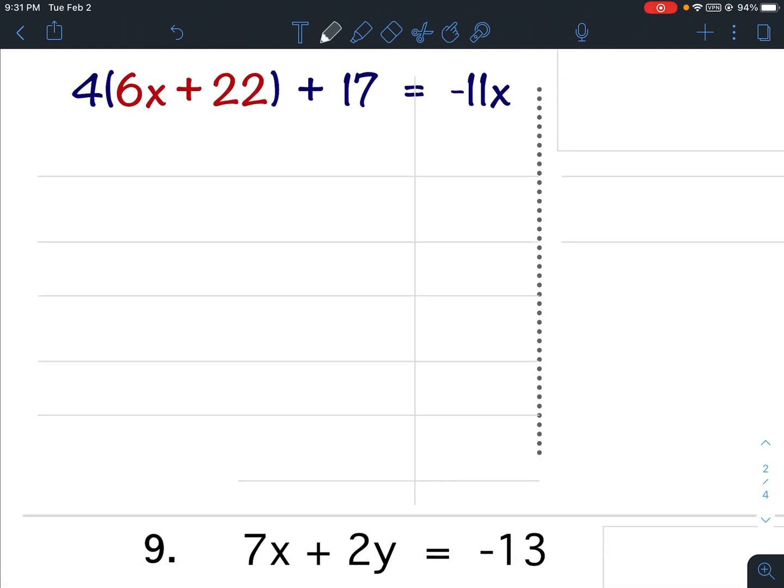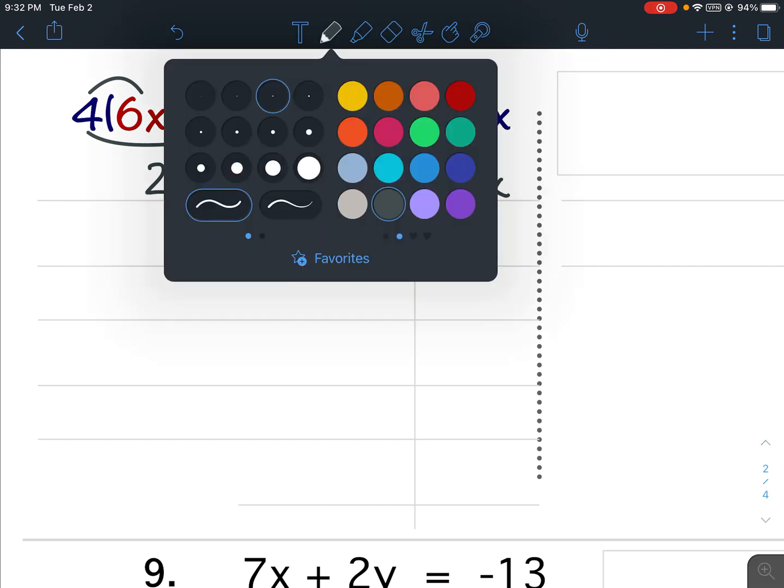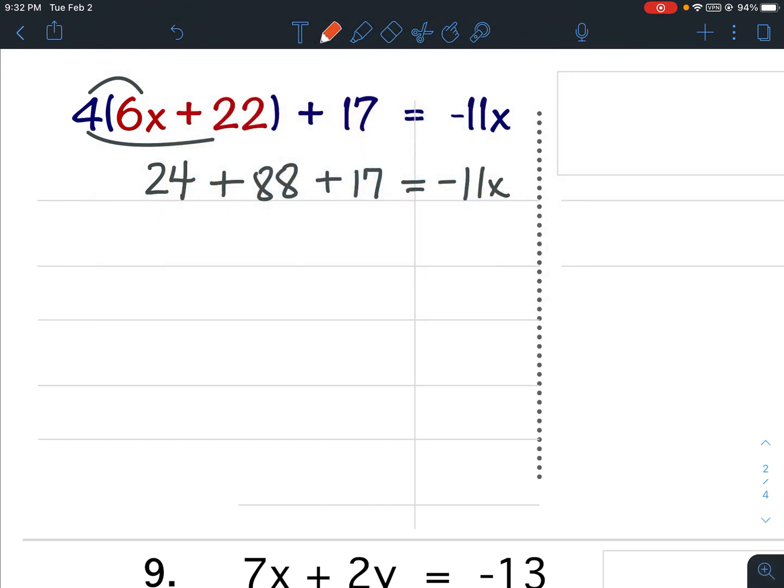Okay, step 1, the distributive property. Four times 6 would give me 24x. 4 times 22 would be positive 88. Bring down the 17, bring down the -11x. Next step, combine like terms.